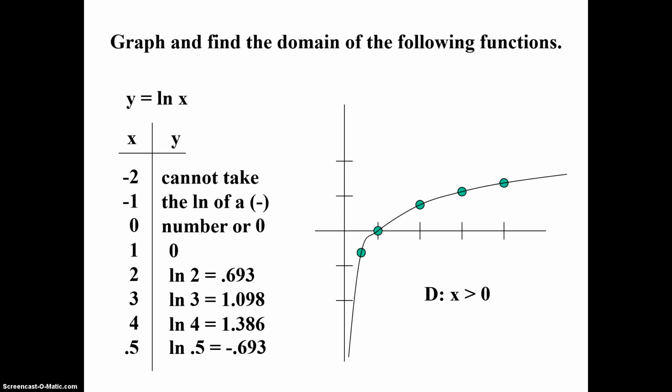Or if we were writing it in parentheses and bracket notation, we would have parentheses 0, comma, positive infinity, and close it with a parenthesis, because both of those are non-inclusive. Okay, let's continue with the next slide.